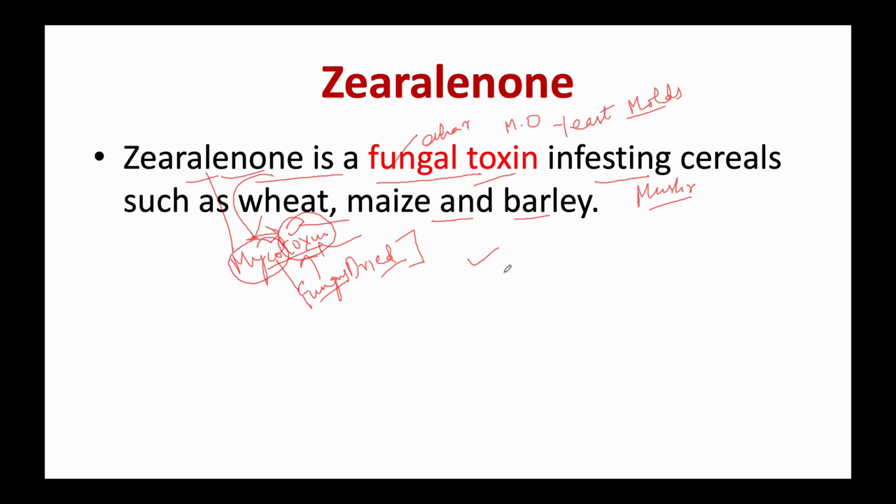So this Zearalenone is an estrogenic metabolite that is produced. If you want to know the name of the fungus too, one fungus which produces Zearalenone is Fusarium, okay, and the other fungus species which produces Zearalenone is Gibberella, right? So you can remember these two names also.